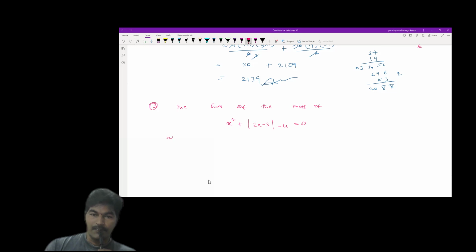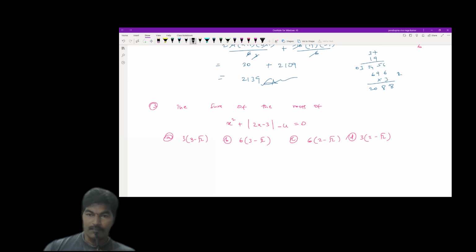Okay, options are saying: option A, 3 times of 3 minus root 2. Option B, 6 times of 3 minus root 2. Option C, 6 times of 2 minus root 2. And option D is 3 times of 2 minus root 2.